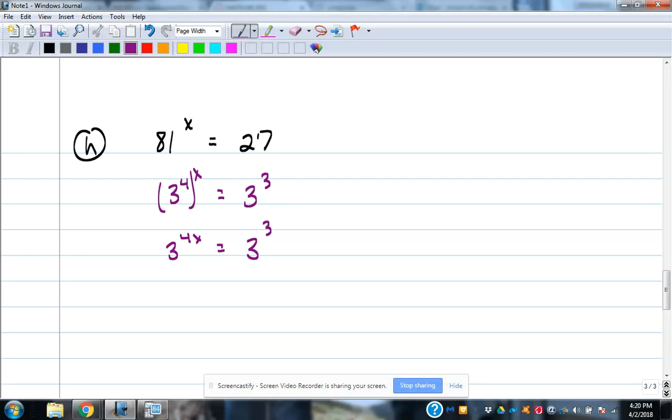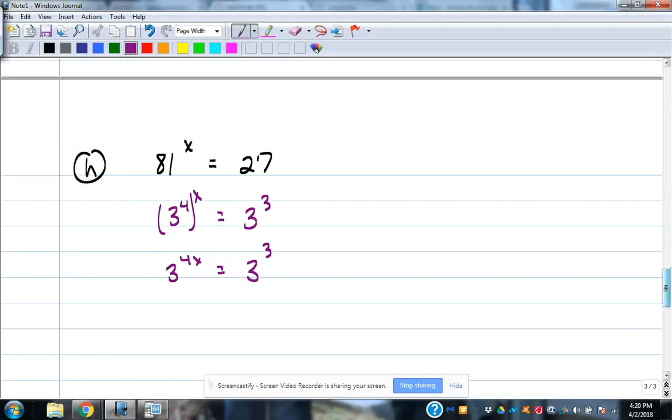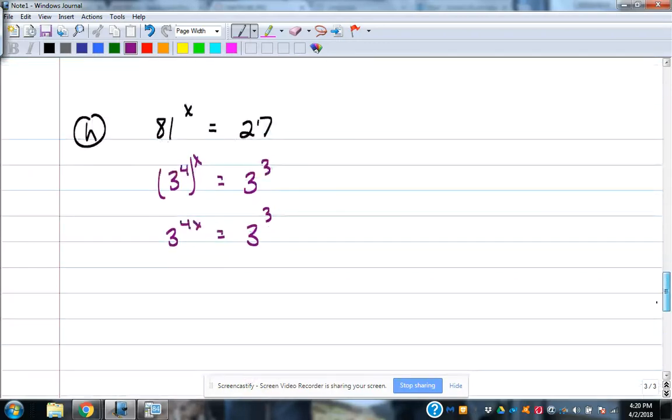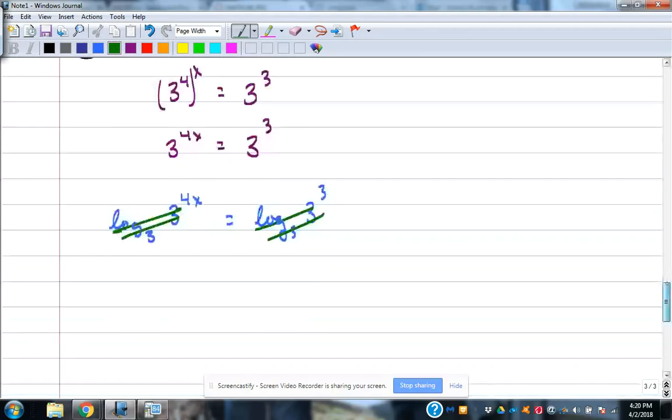The math that makes that happen is directly related to this problem on G. That I could use a log base 3 to cancel out those bases of 3. That's really the math that makes it work out. If I do log base 3 of 3 to the 4x equals log base 3 of 3 to the 3rd, the log base 3's cancel out those bases of 3. And then we have 4x equals 3.